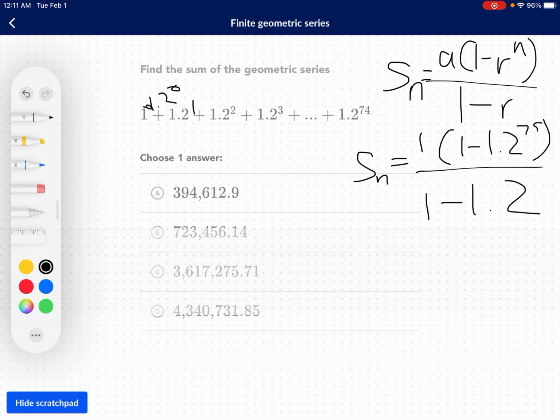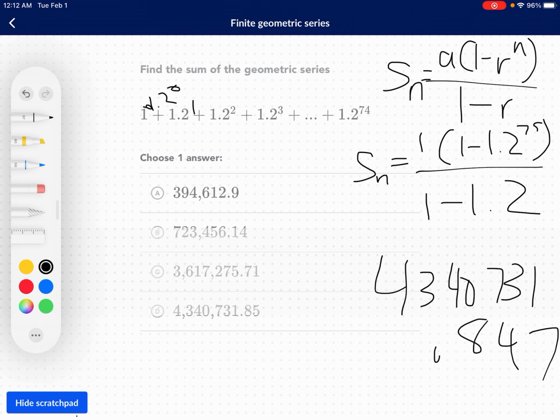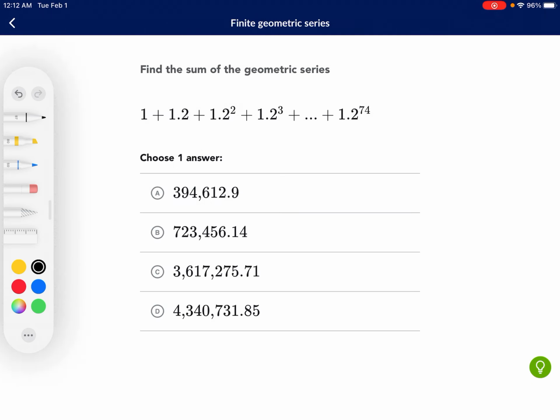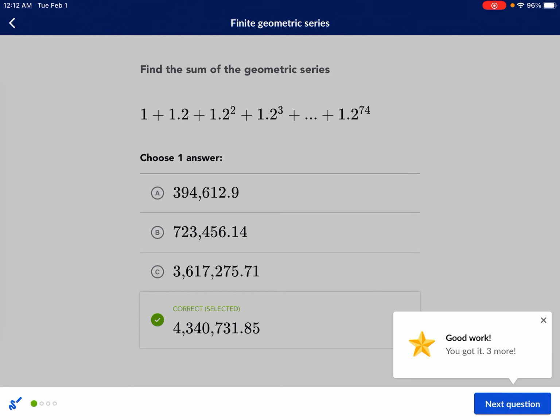And 1 minus 1.2, and all of this in the calculator. 1 minus 1.2 to the 75th over negative 0.2 is 434,0731.847. And that looks like this one.